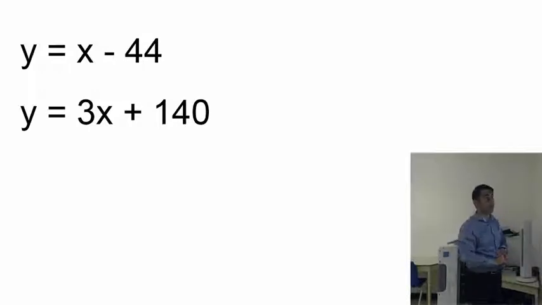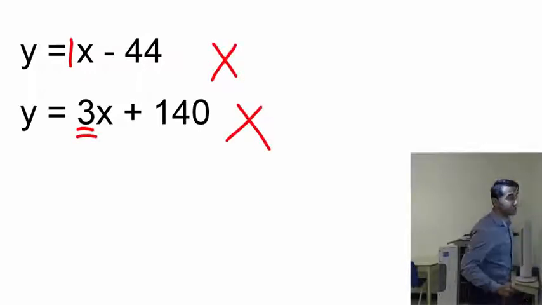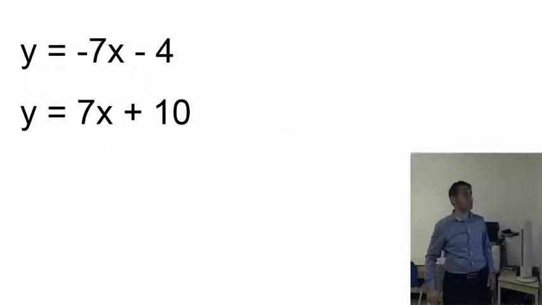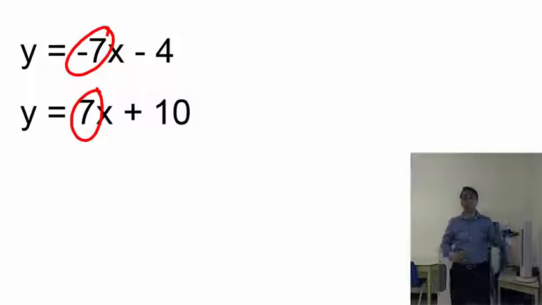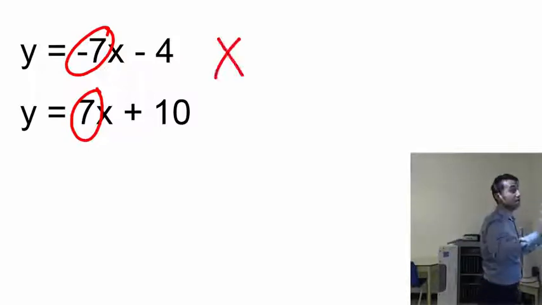Over here, I have no number in front of x, meaning this is 1, this is 3, different numbers. These two lines are not parallel. Over here, I have -7, I have +7. These two are two different numbers, right? So, not parallel.